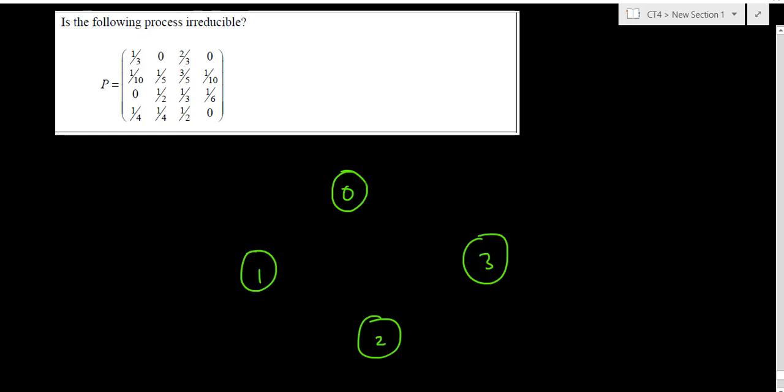So let's look at this. A transition from 0 to 0 can occur with a probability of 1 by 3, right? That's what is shown by this. And a transition from 0 to 2 can occur with a probability of 2 by 3. So this transition is possible, and from 1 a transition to 0 is possible with the probability of 1 by 10. 1 to 1 is 1 by 5. 1 to 2 is 3 by 5.